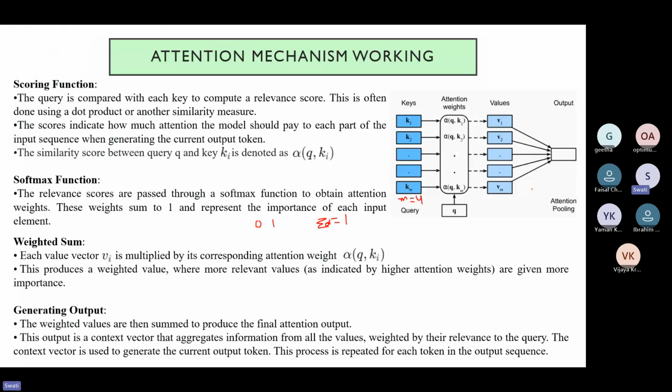That output will be your actual value. First, it will be some token or embedding, and then when you decode it, you can convert it to your actual output, the actual word. So this is the whole process in the attention mechanism.